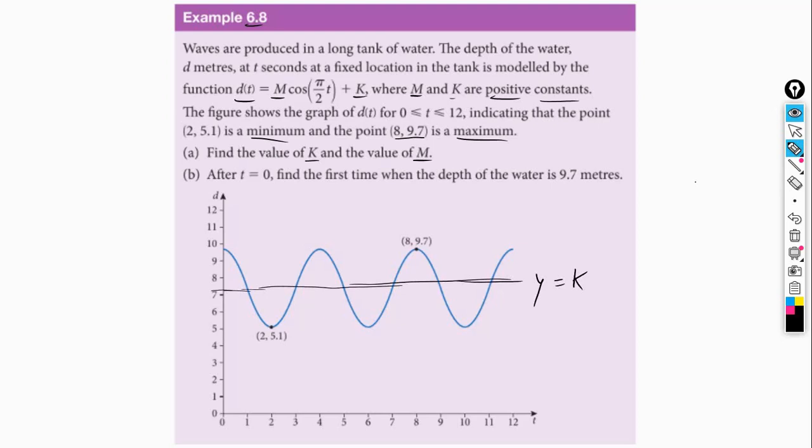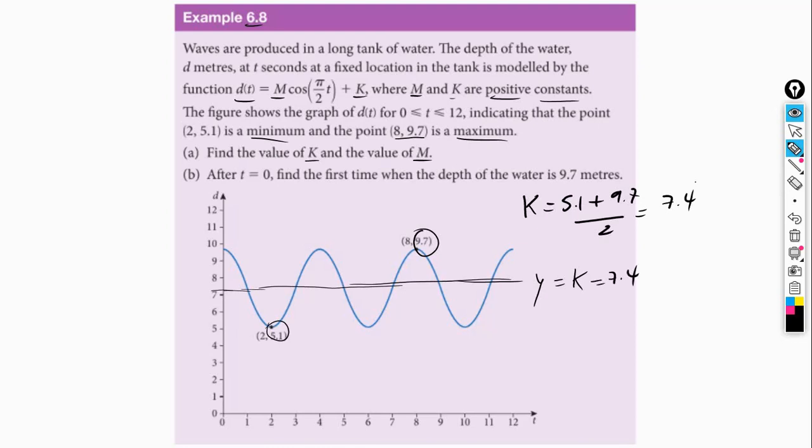Well, k is going to be the midpoint between the minimum and the maximum. So all we have to do is add them and divide them by 2. So we'd say k is equal to 5.1 plus 9.7 divided by 2, and this is going to give us 7.4. So that's k. This equals 7.4.